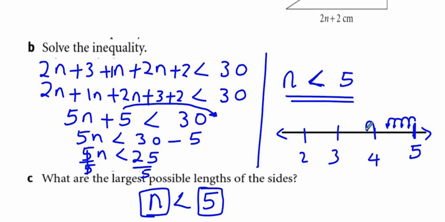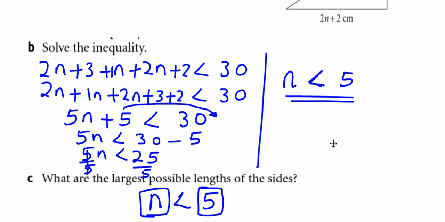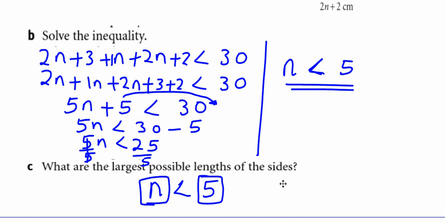Then we have 3.9, 3.8, 3.7, and so on. So how do we answer this question, what are the largest possible lengths of the sides, whereby the perimeter should be not more than 30?